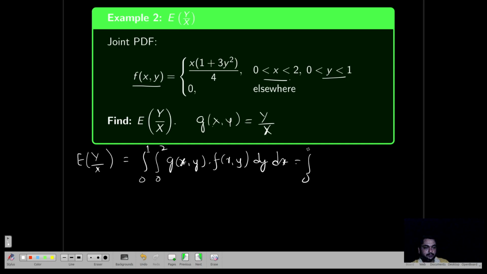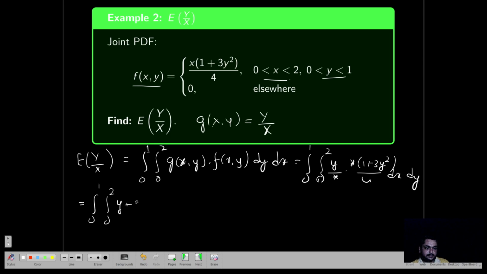This is equal to the integration from 0 to 1, and the integration from 0 to 2. g of x comma y is given as y by x, and f of x comma y is given as x into 1 plus 3y square divided by 4, dx dy. So this x cancels. What is this? Integral 0 to 1, 0 to 2, y plus 3y cube divided by 4, dx dy.